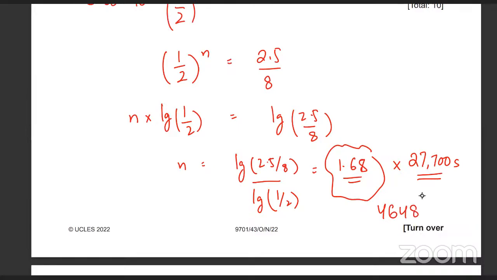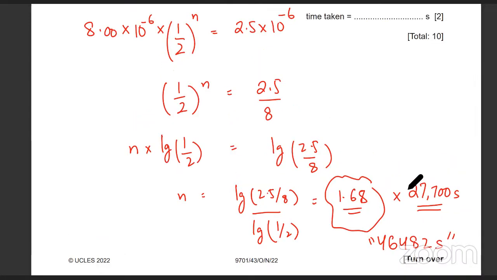No, it won't be that low, it's being multiplied by 1.68. Oh, I missed a 0. Wait. 46,482 seconds, right? So that's your answer.